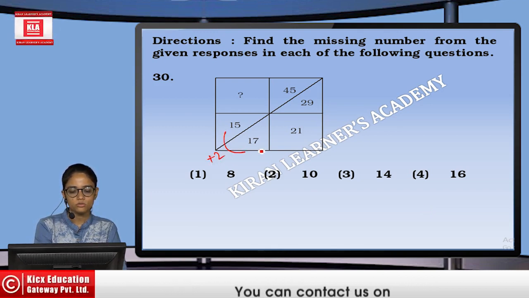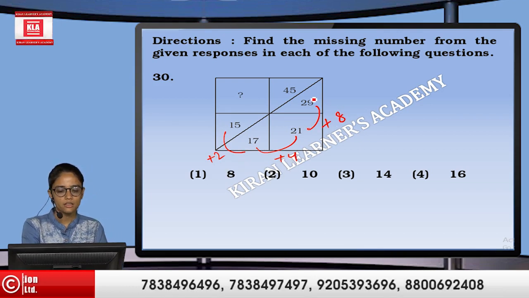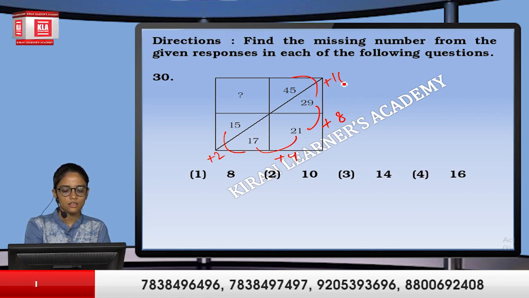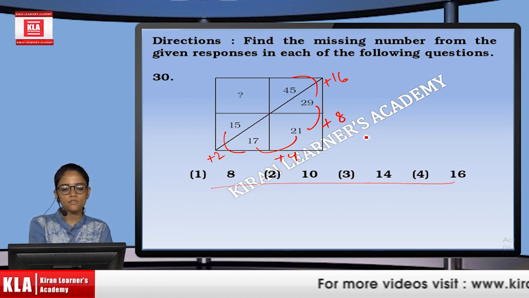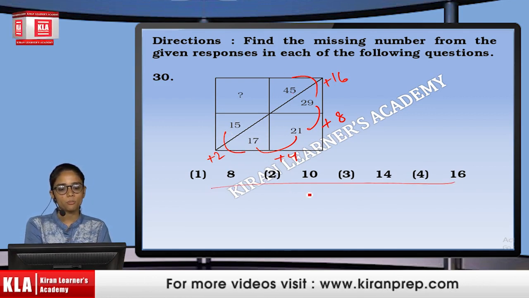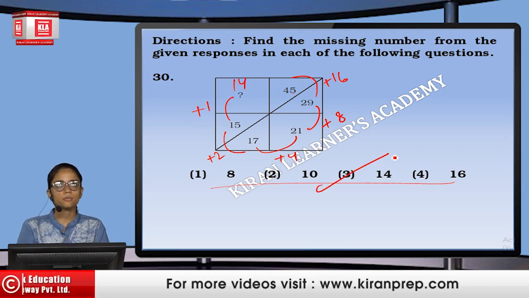Similarly, plus 2, plus 4, plus 8, double. First 2, then 4, then 8, and then 16. As the numbers are very less than 45, if we add 32, that will give you a big number. So let's do it. Then the reverse order, that means we can add 1. So that is 14. That is option number 3.